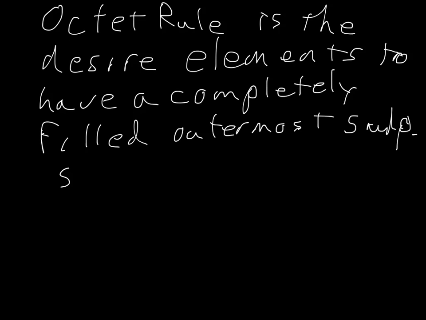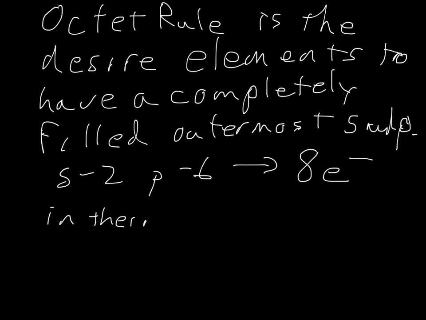And remember, since the s holds 2 and the p holds 6, for most elements, that means they want 8 electrons in their valence shell. Hence, the Octet Rule.